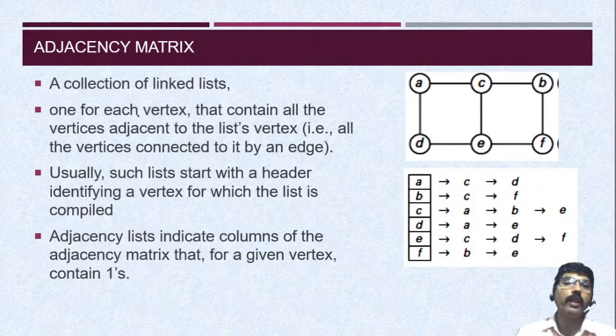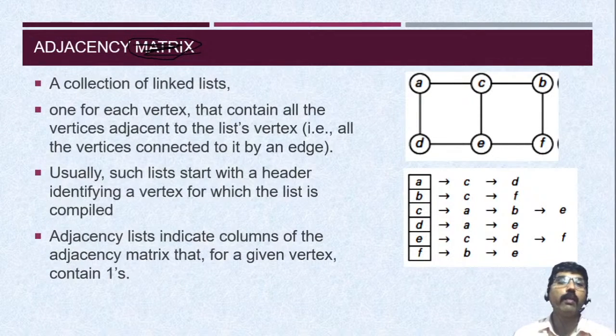The next one is called adjacency list. It's not a matrix here, it's an adjacency list. What is the meaning of adjacency list? It's nothing but a collection of lists.